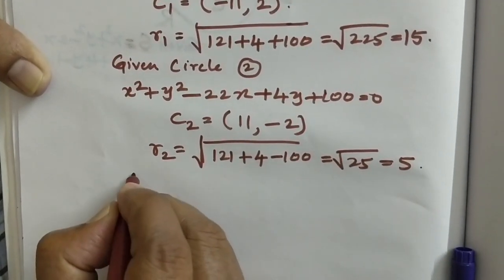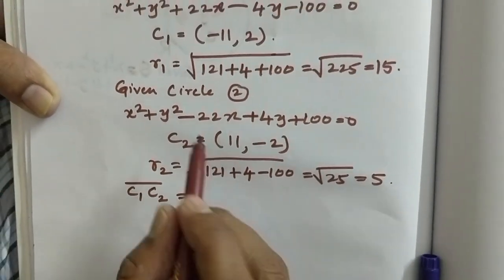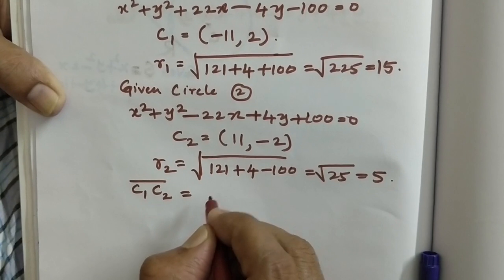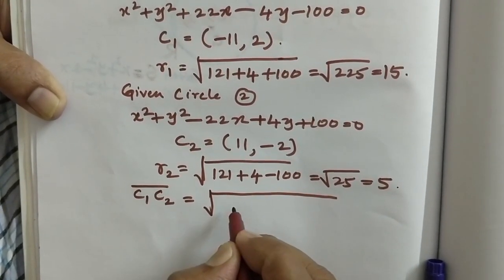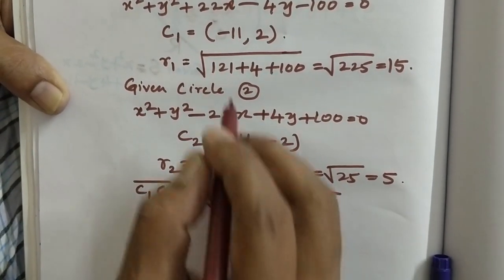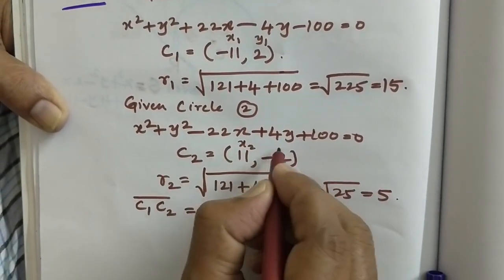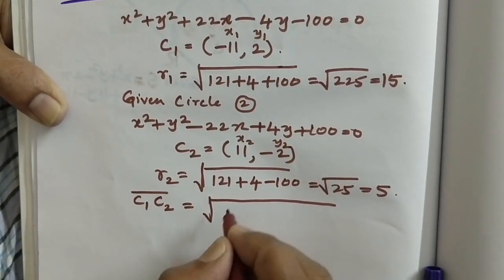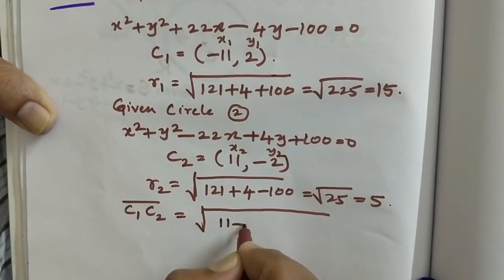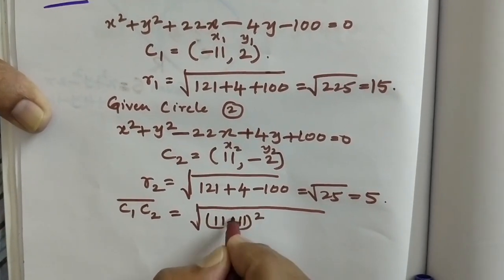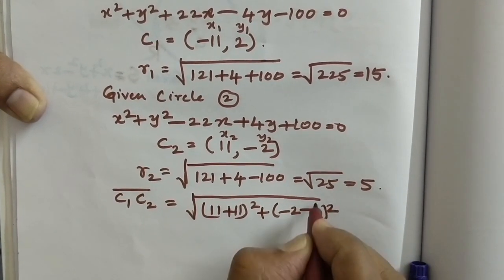Okay. Now C1C2 is equal to the distance between the two centers, that is equal to square root of (x2 minus x1) whole square plus (y2 minus y1) whole square. Say this is x1, this is y1, and this is x2, this one is y2. So x2 minus x1 means (11 plus 11) whole square plus y2 minus y1 is (minus 2 minus 2) whole square.